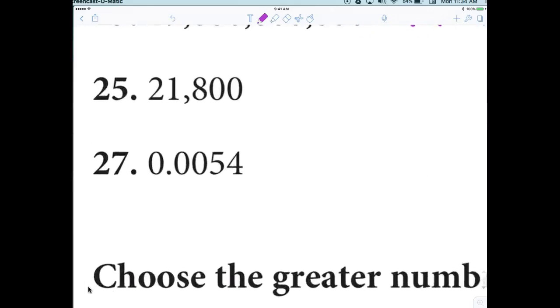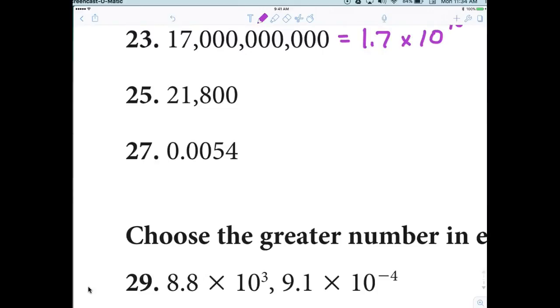All right, Julian. Tell me about 25. It's a bigger number, so you move to the right. Where does the decimal go? Let's start with that. The decimal goes after the first digit, after the 2.